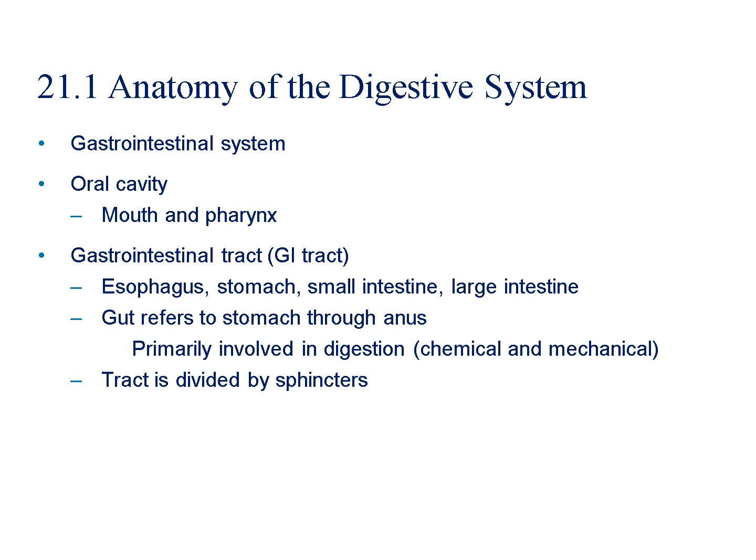To regulate the movement of food and prevent backflow, the gastrointestinal tract is divided by muscular valves called sphincters, which act as one-way valves controlling the passage of food between different sections of the digestive system. Understanding the anatomy of the digestive system is essential to comprehending how our body efficiently processes and absorbs nutrients.